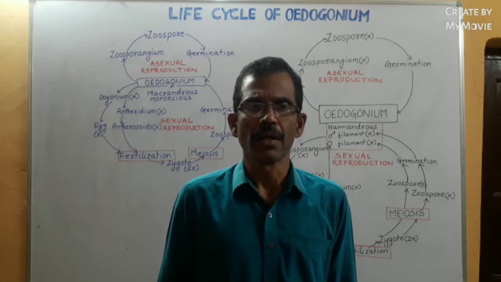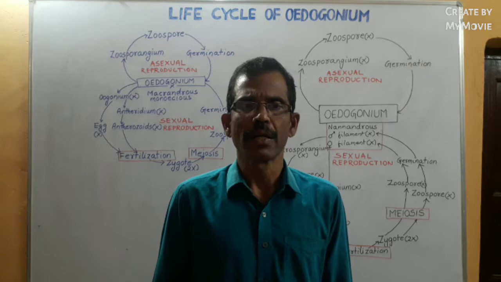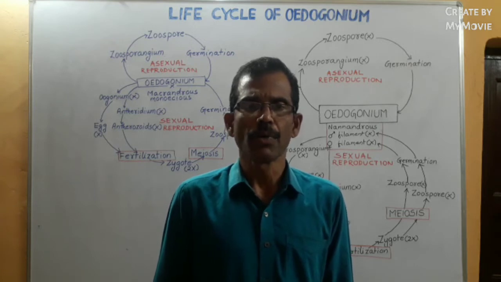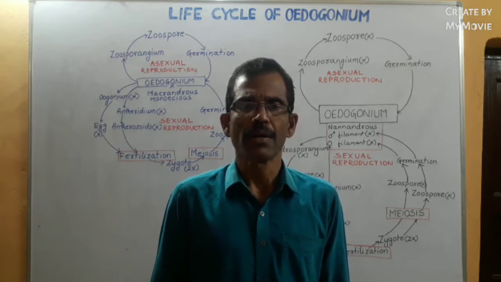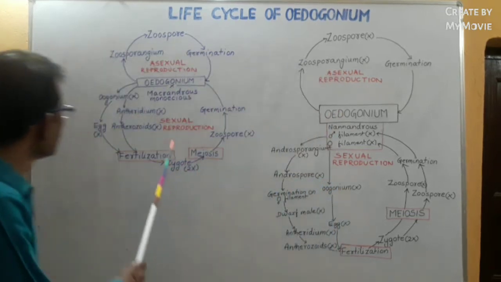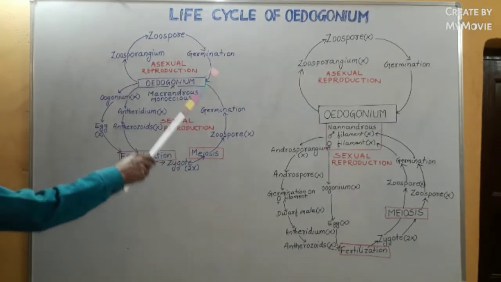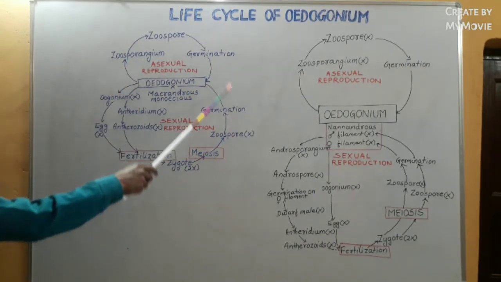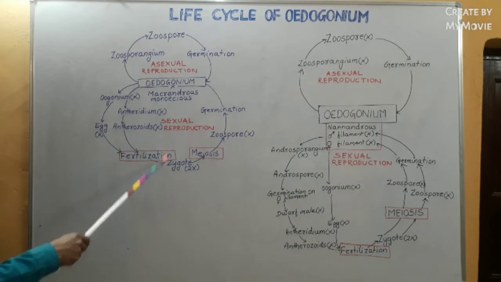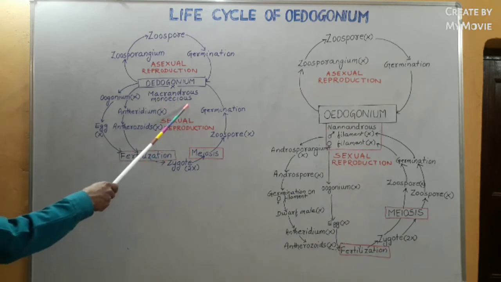Let us discuss the life cycle of Macrandrous monoecious species, Macrandrous dioecious species and Nannandrous species one by one. This is the graphic representation of the life cycle of Macrandrous monoecious species.